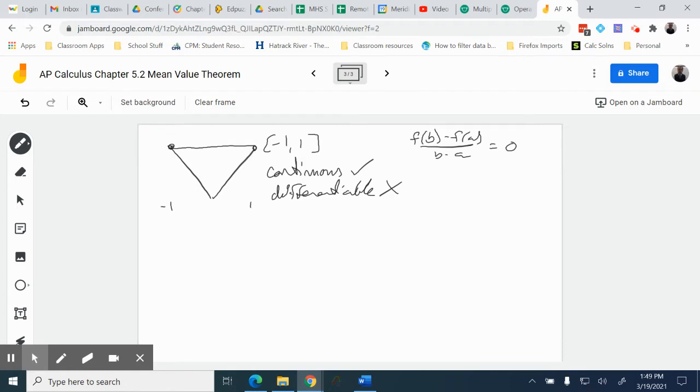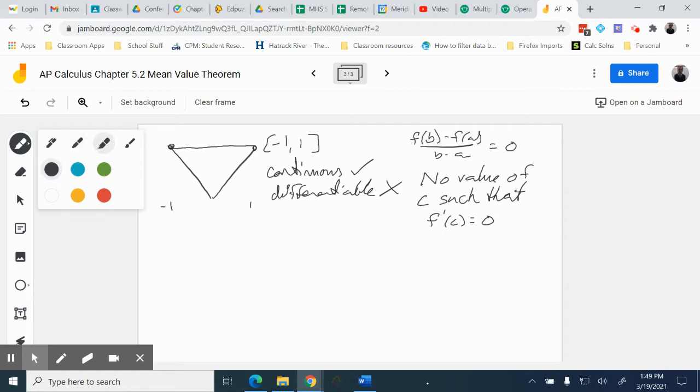There is no value of c on this function such that f prime of c is equal to 0. Fail due to lack of differentiability.